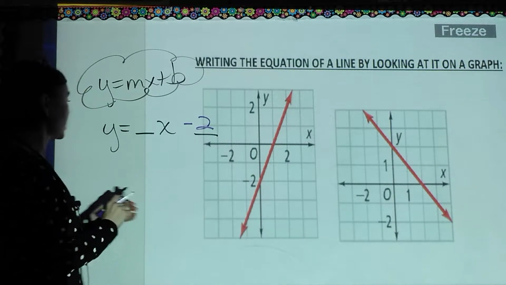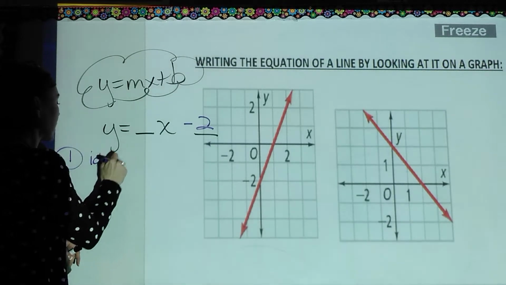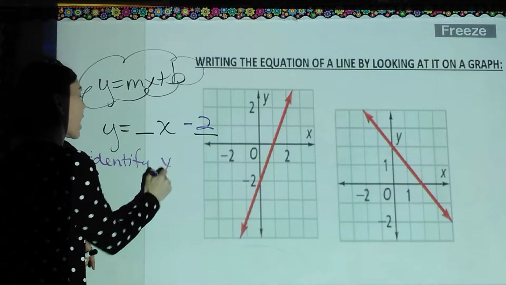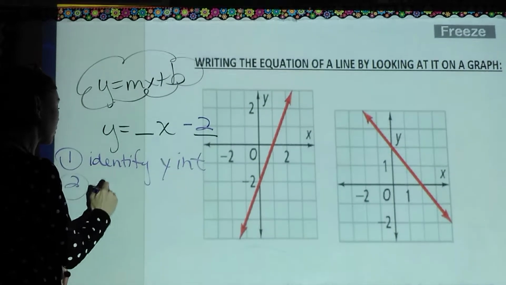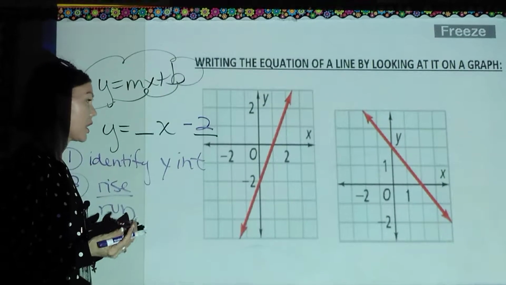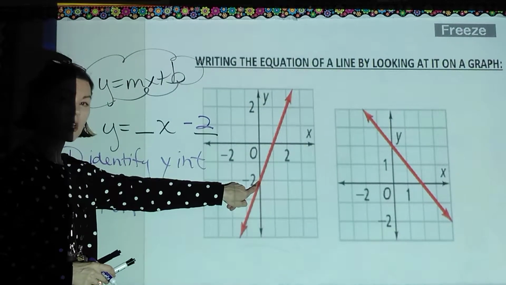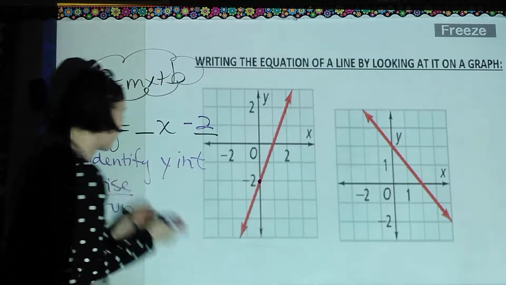All we had to do was step 1, identify the y-intercept, and then step 2, here it is again, rise over run. We have to figure out what the slope is. We already figured out the y-intercept, and we put it right there. Now from this point right here, we have to figure out the slope.